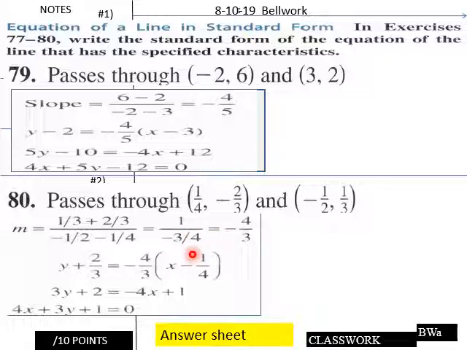So this is a huge review for you, kind of like a giveaway actually, 10 points, but I still have students who can't get this, so we go over it. Then we use the point-slope form of an equation of a line with a point and a slope. We crank it out here, and we end up with 3y plus 2 equals negative 4x plus 1. Then we move everything over to the left-hand side, and we end up with this.